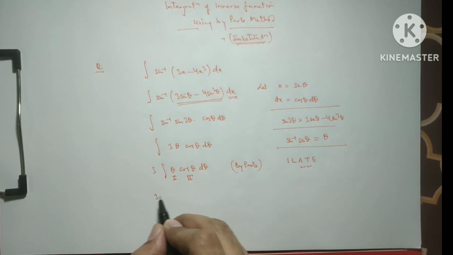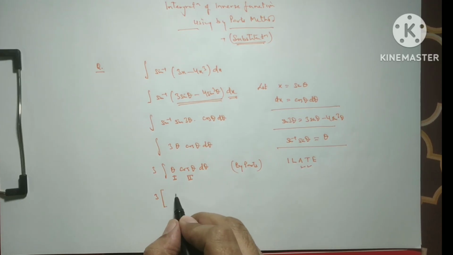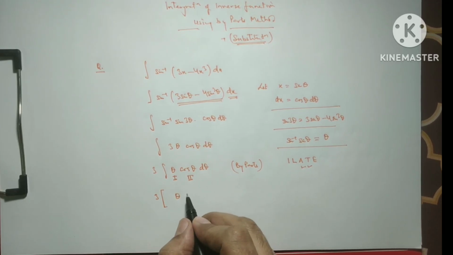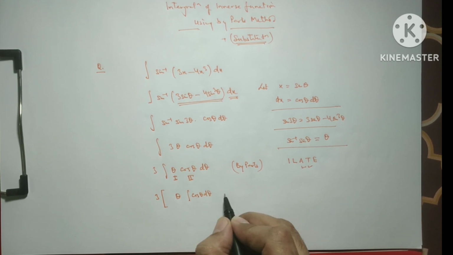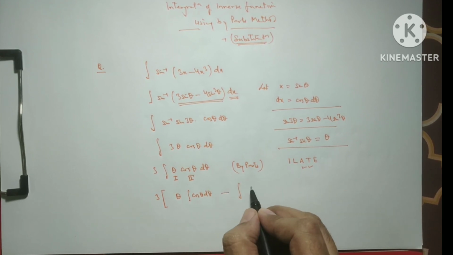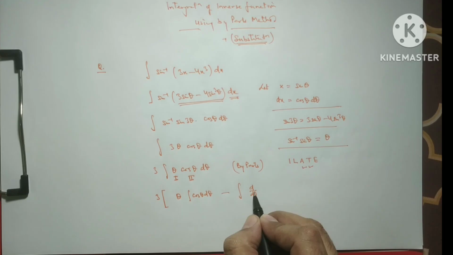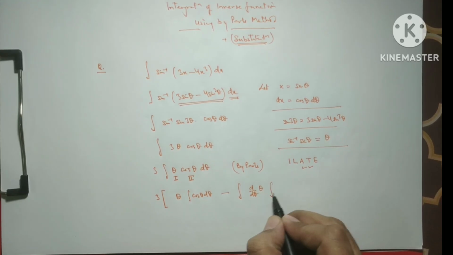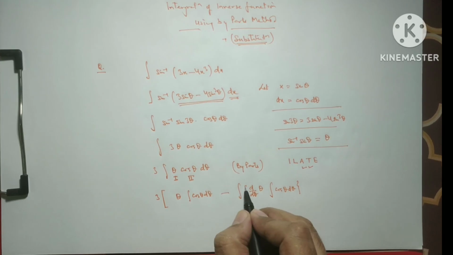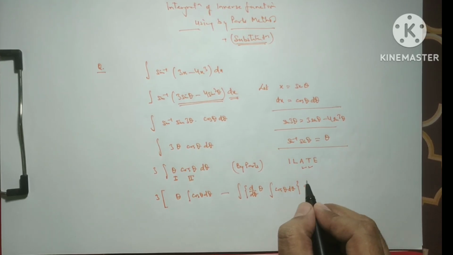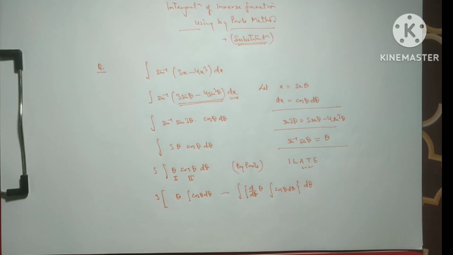So it is first function as it is, and we integrate the second function, minus we differentiate theta and integrate cos theta, and finally whatever the result we will integrate.